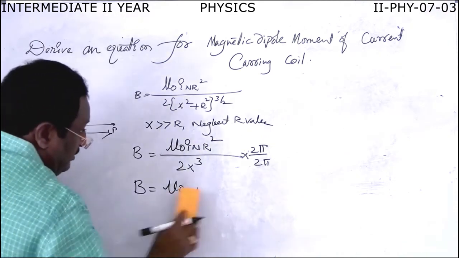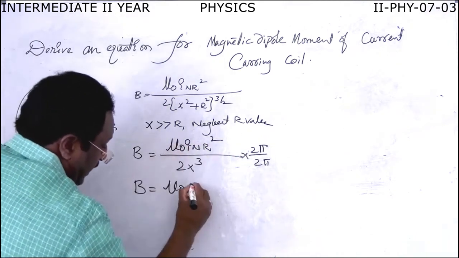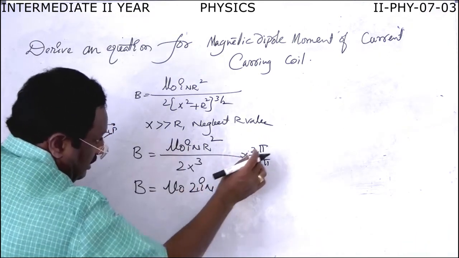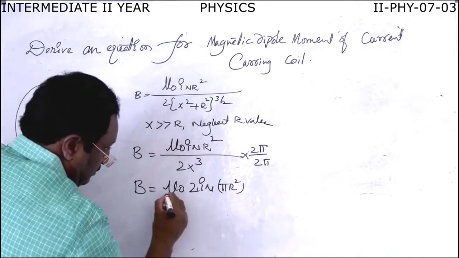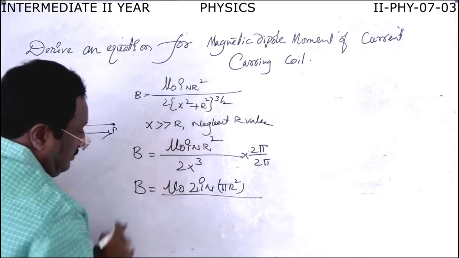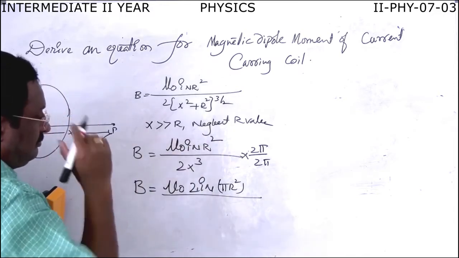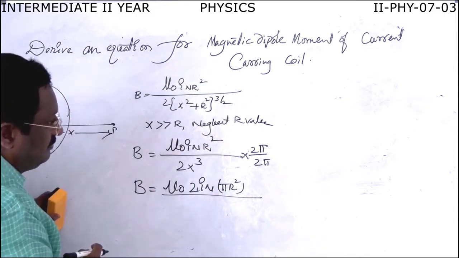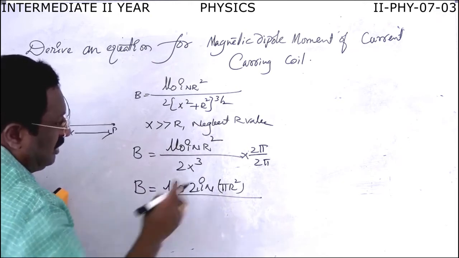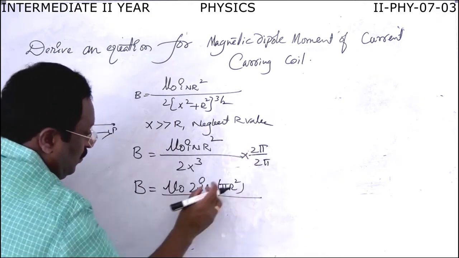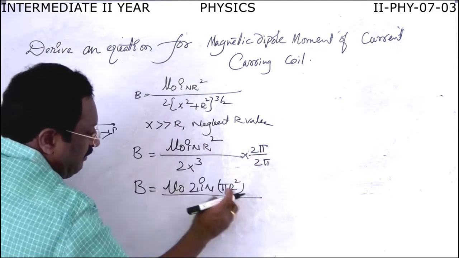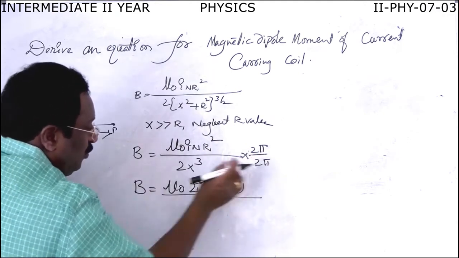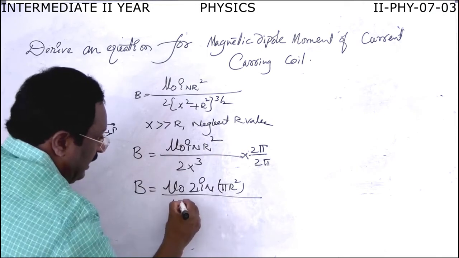So mu naught 2 I N pi R square in the numerator, and in the denominator 2 pi into 2, 4 pi x cube.